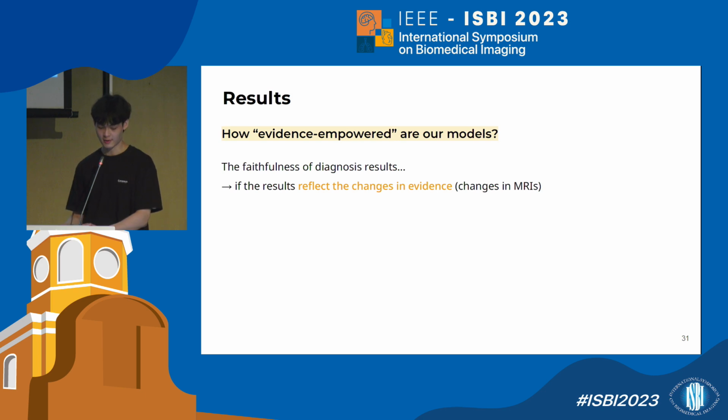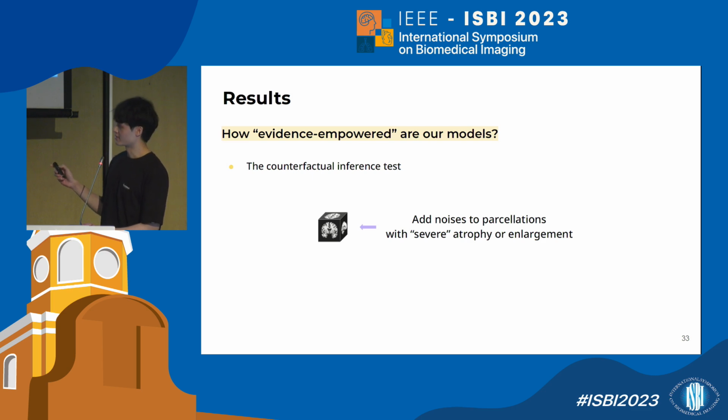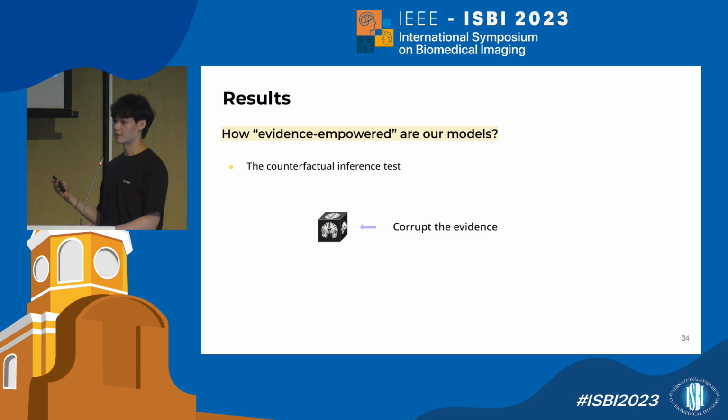In the second experiment, we investigate how evidence empowers our framework. That is, we test if the model can make predictions that reflect the changes in evidence faithfully. What we do is we take an MRI scan and we add noise to brain regions with severe atrophy or enlargement. In other words, we corrupt the evidence in the MRI scan.